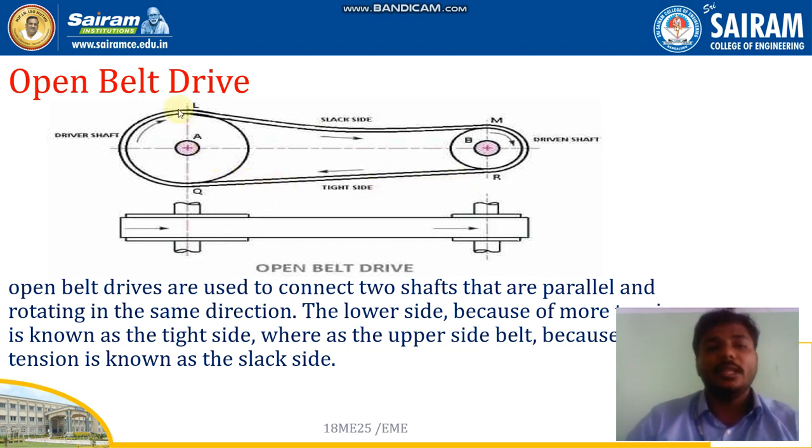In the lower side, because of the greater tension created in the belt, it becomes tight. In the upper side, there is no tension in the belt as it moves, so it is the slack side, meaning it is not tight. So in an open belt drive, the upper side of the belt, because of the low tension, becomes the slack side. Mainly this open belt drive is used to transmit power from one shaft to the other shaft.